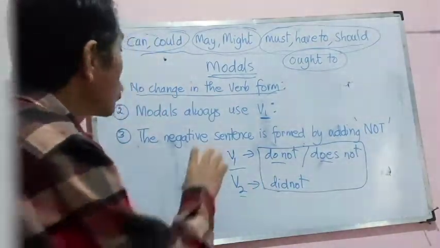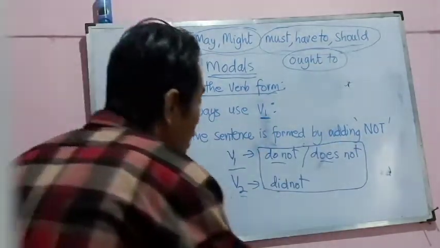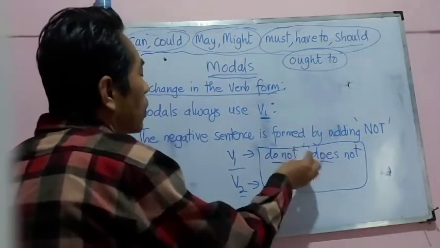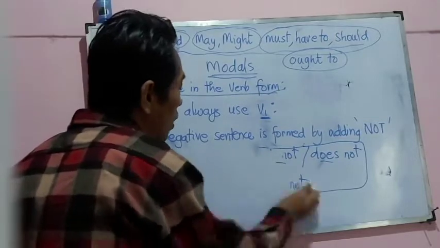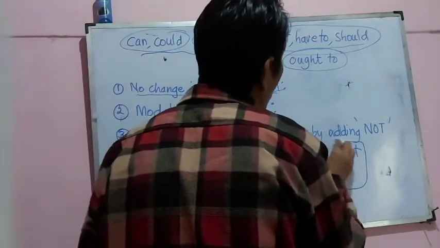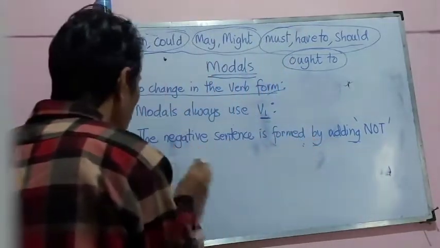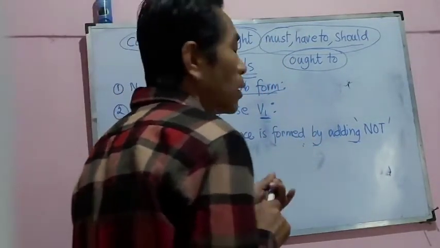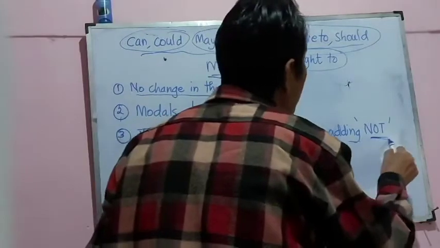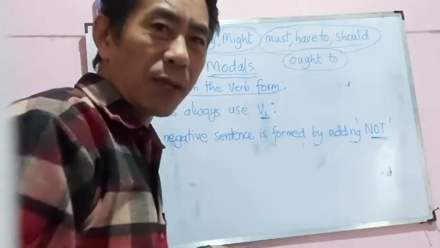Now, when we talk about the models, it's very simple. You don't have to think about all these things. How do we form the negative of the models? We have to just add the word not. It's very simple.